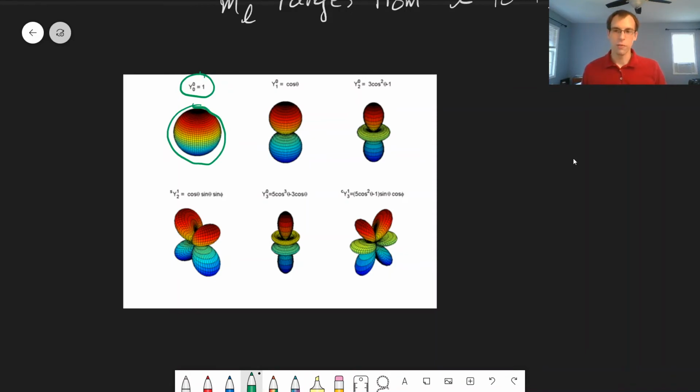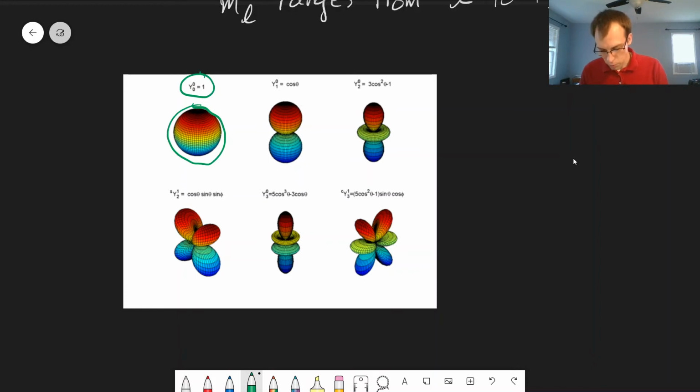Remember, this is at a fixed R, so what this is representing is how our function changes as a function of angle. Red indicates positive, blue indicates negative. Scratch that, because Y_0^0 is just equal to 1. It's just a sphere.